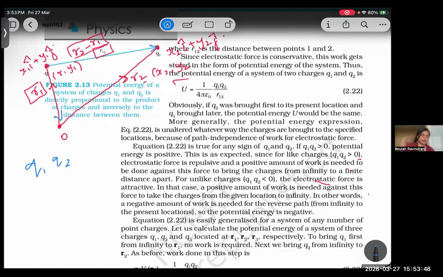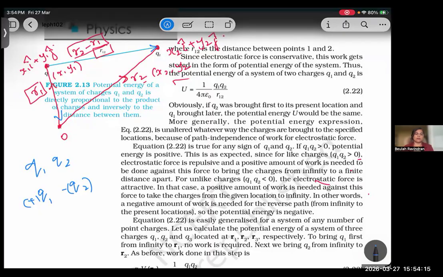Suppose Q1 and Q2 are such that one is positive and the other is negative, then it is an attractive force. So a negative amount of work is needed for the reverse path, that is, from infinity to the present locations. So the potential energy is negative. Is it clear for you?